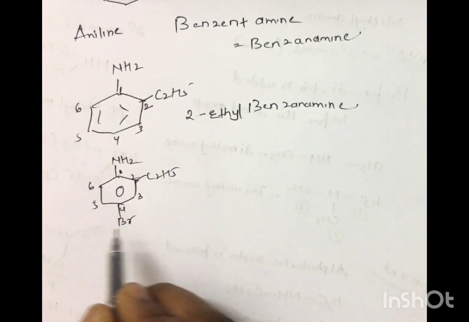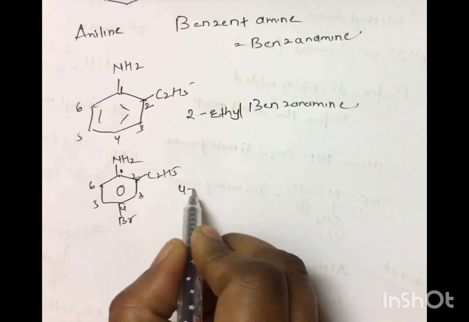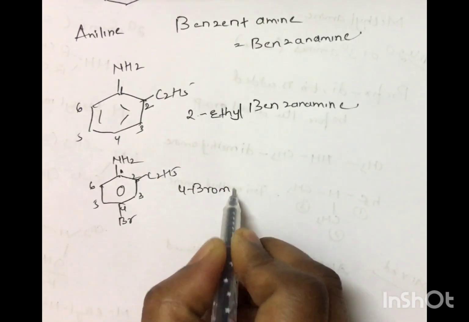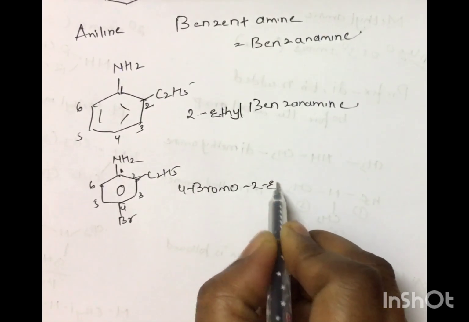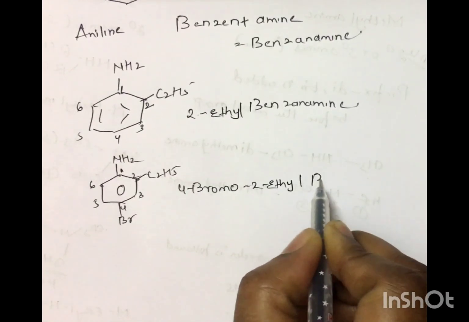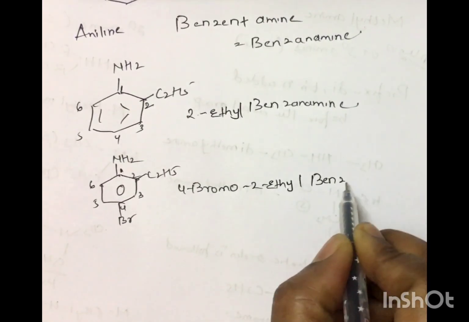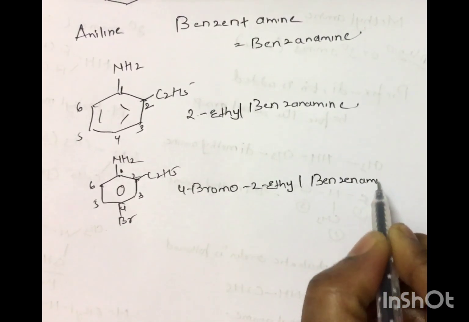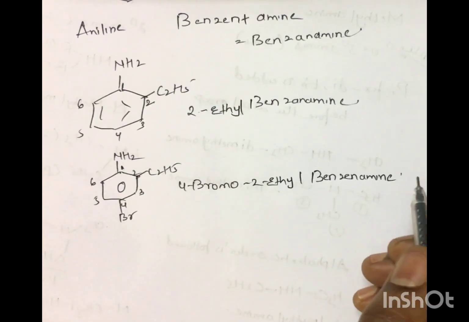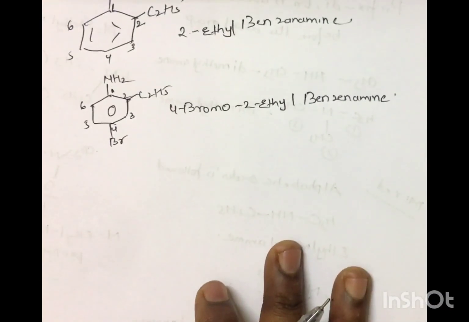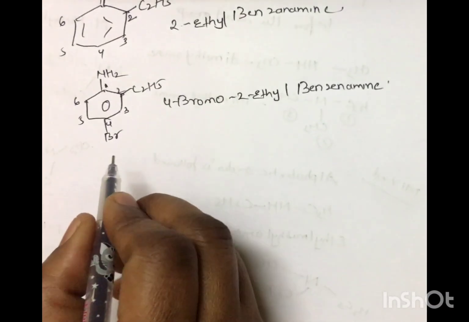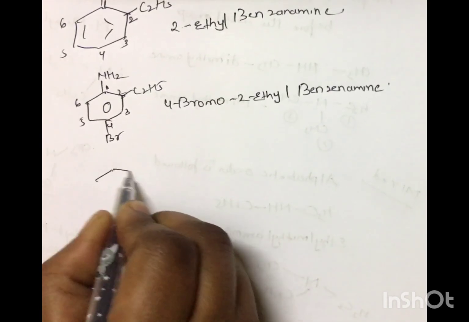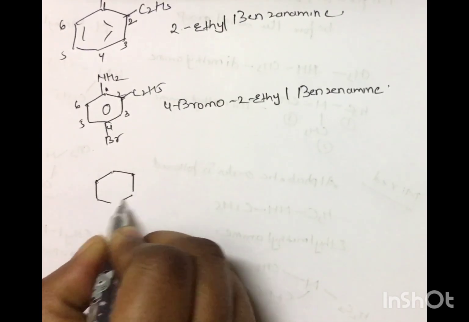The bromo group is present on the 4th carbon, so 4-bromo, 2-ethyl benzenamine. Okay students, hope you are following.